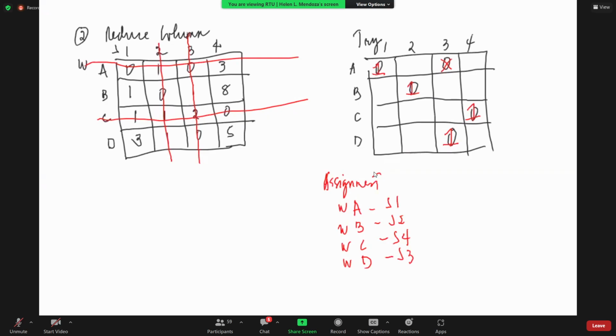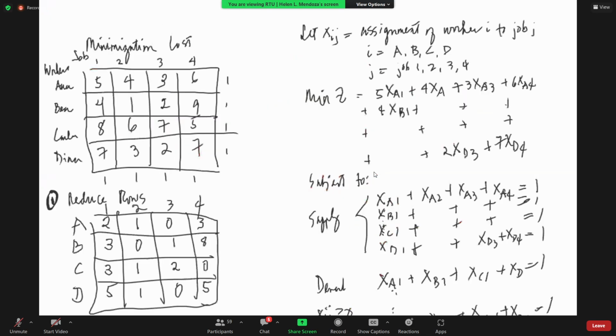Now, kukunin mo ngayon yung cost niya doon sa original table. So, babalik tayo doon. Okay. So, kunin mo lang siya. Kung natandaan natin, 1 ito, di ba? Tapos ito ay sa 2. Then ito ay sa 4. Then ito ay sa 3.